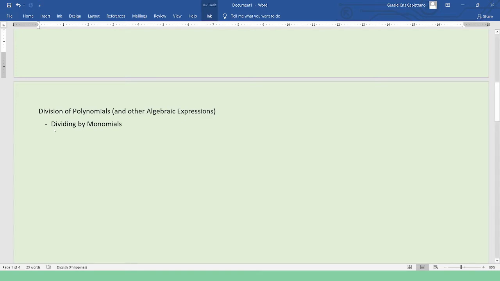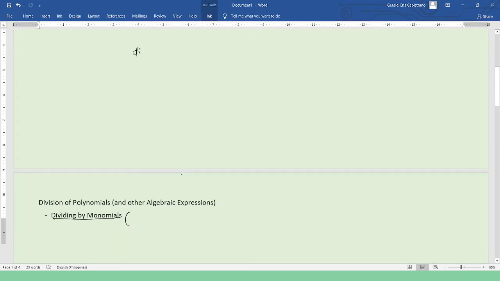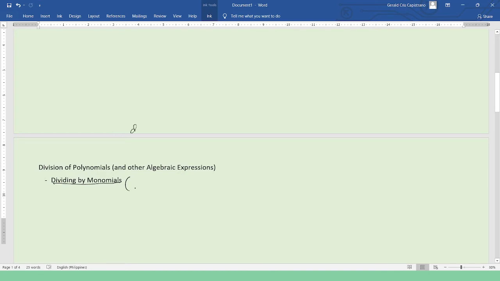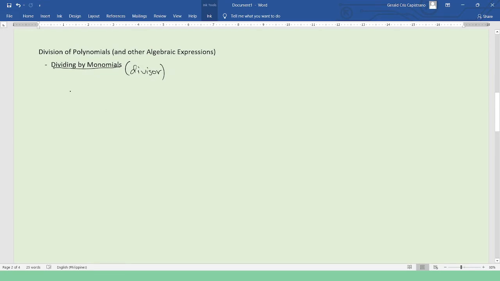Ang ibig lang sabihin nitong dividing by monomials, it just means that our monomial will be our divisor. By divisor, kung maaalala nyo, kapag meron tayong x squared plus 1 divided by x or 2x, yung x dito will be the divisor.